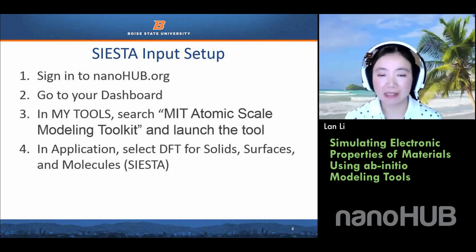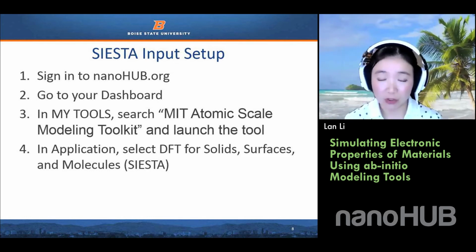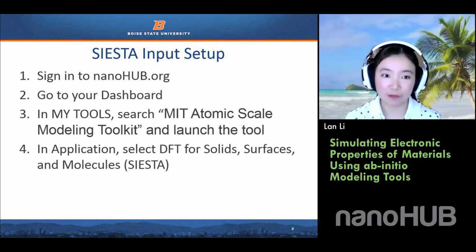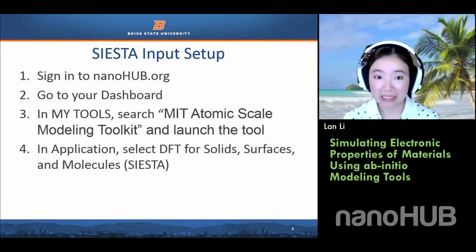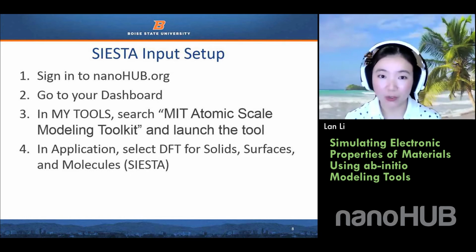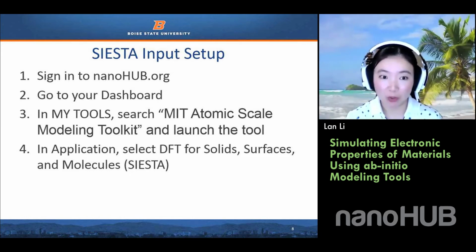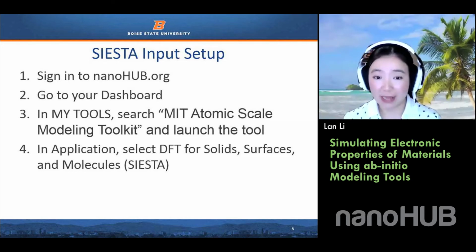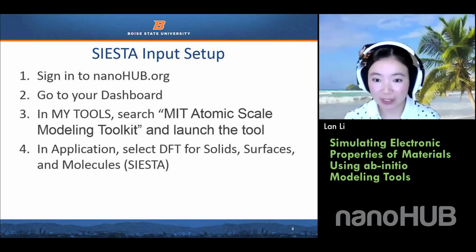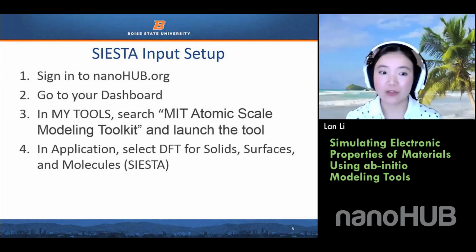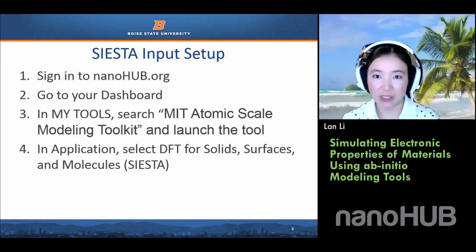We are going to use this tool called SIESTA, and then the input setups. Firstly, you need to sign into NanoHub before you can access a tool. Once you sign in and go to your dashboard, in the tools you can search for this toolkit and just launch it, and then you will be able to see the tool.